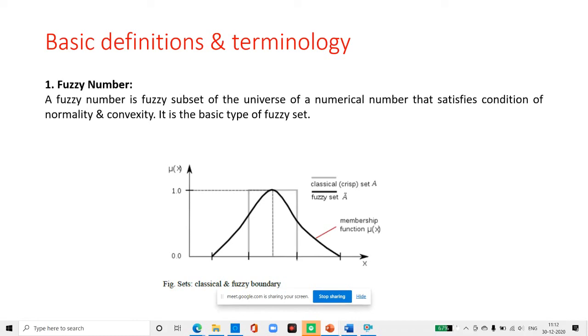The normal way, fuzzy means going from precise to imprecise. Here, when I say 10, I have an arrow pointing at 10, so I exactly mean 10.000 and so on, very precise. When I say almost 10, I do not mean only 10, rather the periphery of 10.